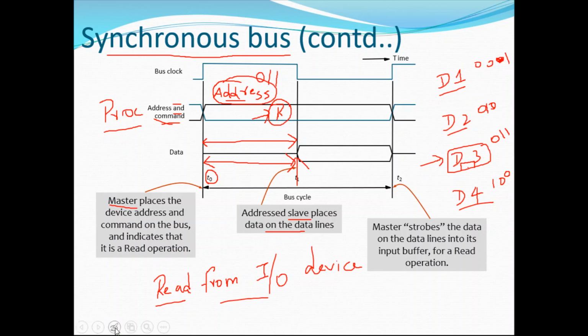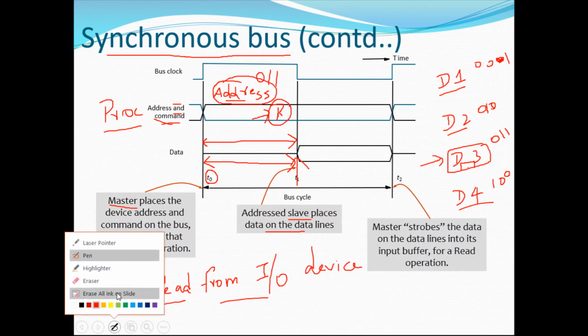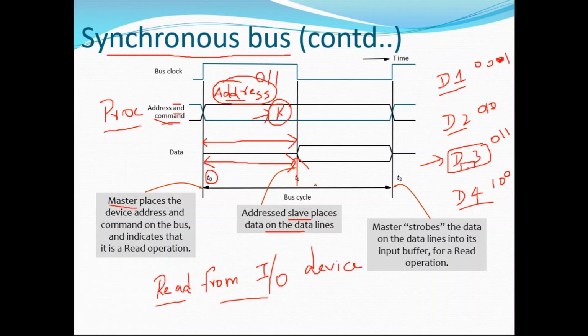Here, one important thing you should understand. Assume that D3 has identified that the processor is actually giving the instruction for it only. Assume that D3 has identified this at this particular time itself. But even then D3 will not place the data immediately. It will wait till T1, then only it will place.